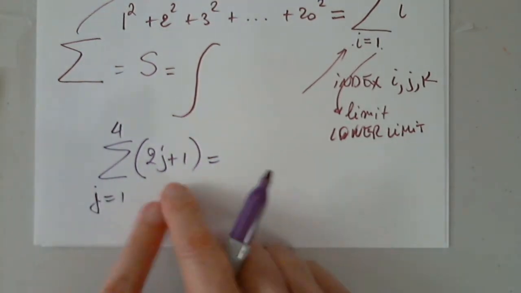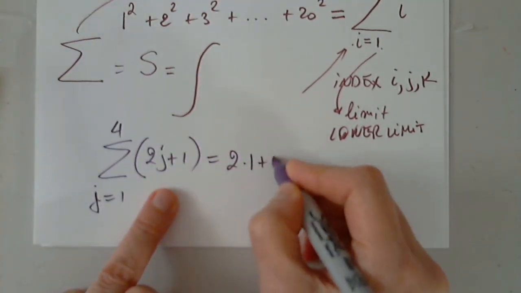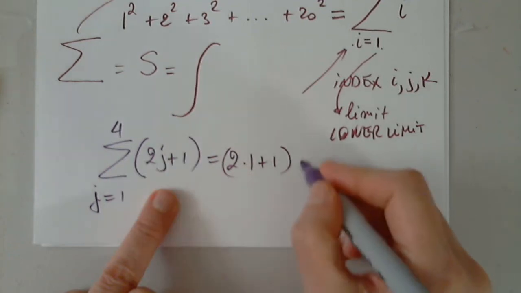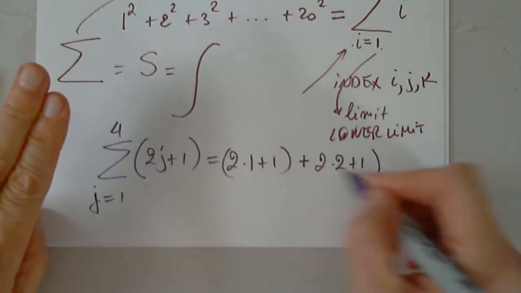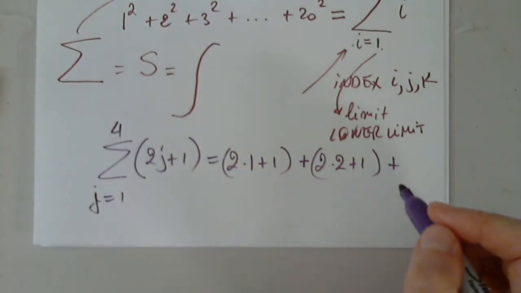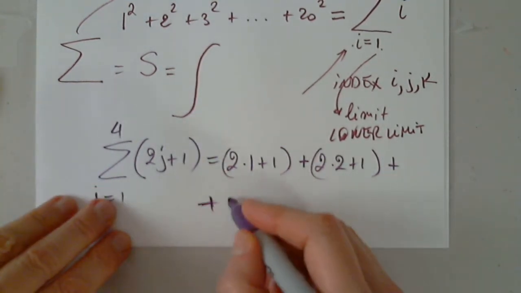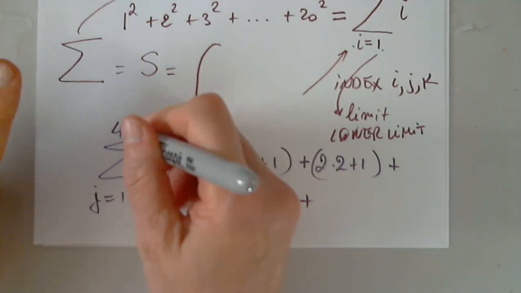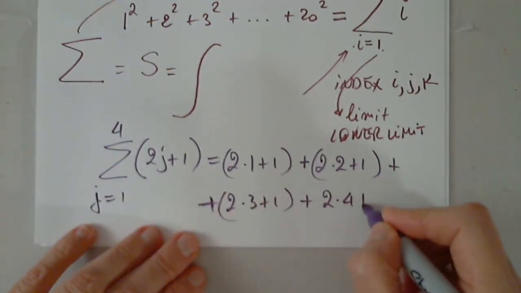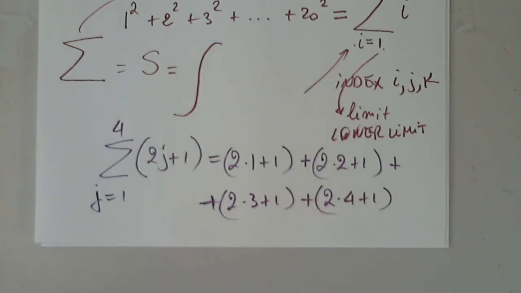When J is 1, I have 2 times 1 plus 1. The sum says plus. When J is 2, I have 2 times 2 plus 1, plus. When J is 3, I have 2 times 3 plus 1, plus. When J is finally 4, I have 2 times 4 plus 1. That's what it means.